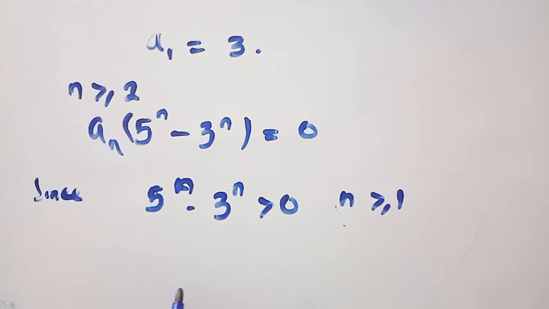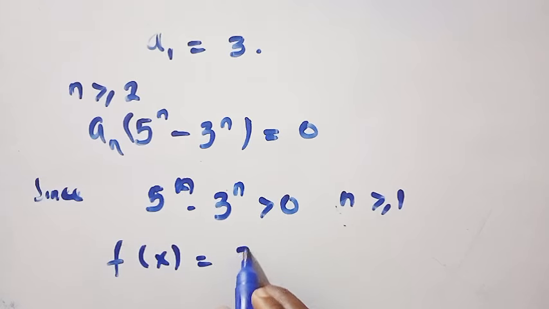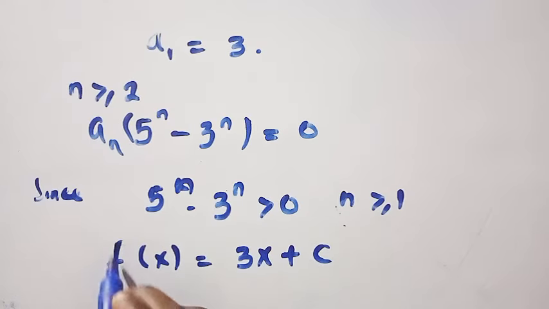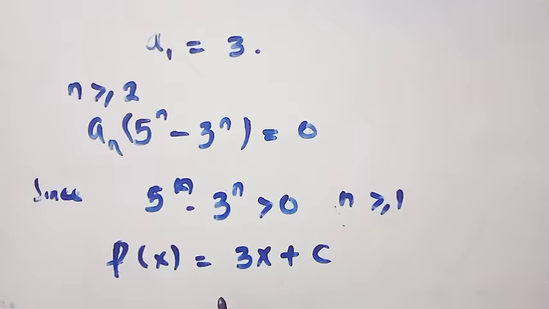So for this reason, we have p of x equals 3x plus c, where c is a constant term. Thanks for watching and see you in the next video. Never stop learning. Bye bye.